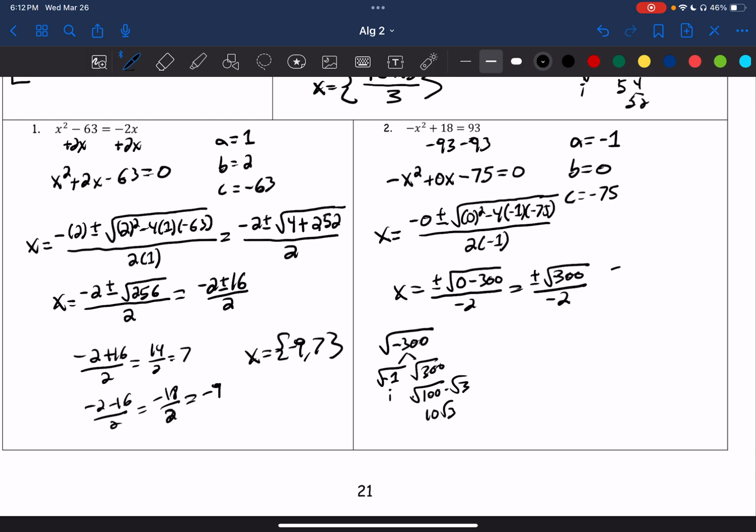So we have plus or minus 10i root 3 over negative 2. Because we don't have anything else being added or subtracted on the top, we can actually just divide these two, 10 by negative 2, and you'd get negative 5.